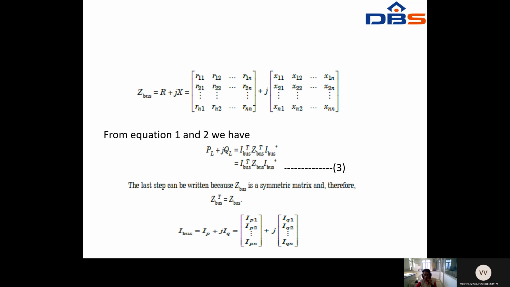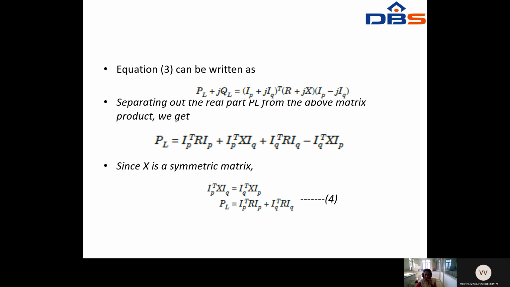Next, equation 3 can be written as PL plus JQL equal to IP plus JIQ transpose into R plus JX into IP minus JIQ.